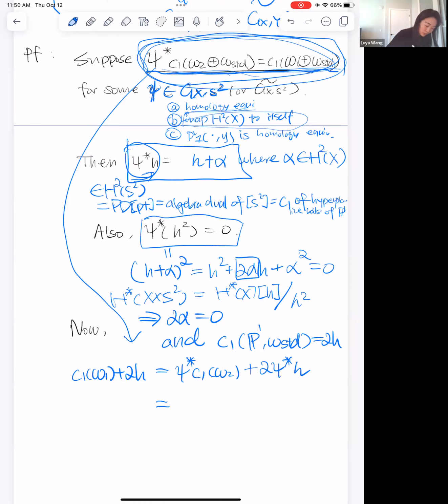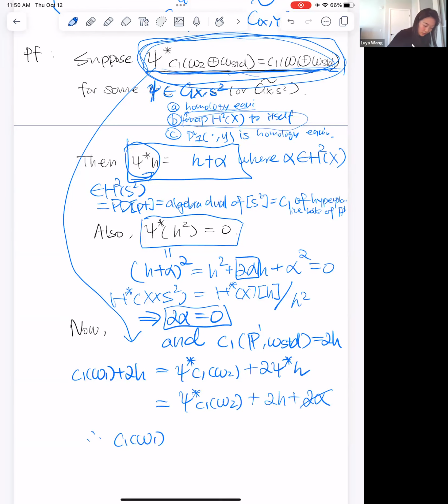And this is equal to psi C1 omega 2 plus 2H plus 2 alpha. And then we know this is 0, which is what we just proved. So this gives us C1 of omega 1 is equal to psi C1 of omega 2.